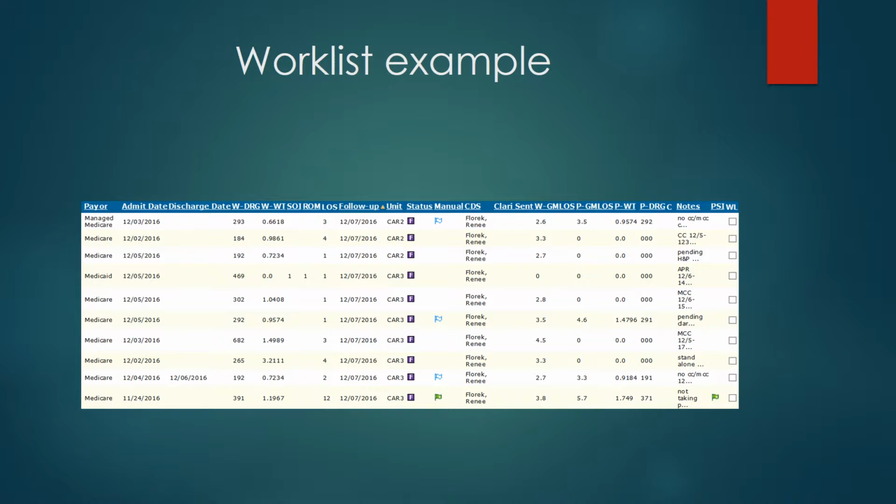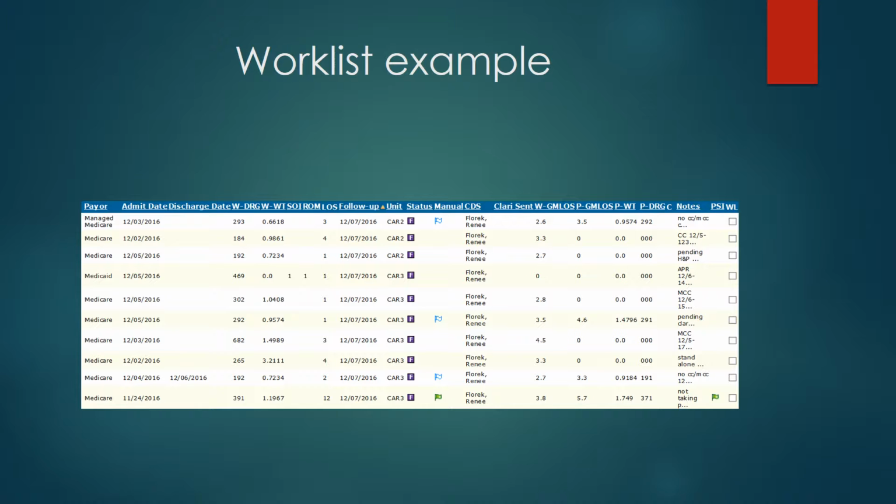Here's the example of the work list that I use to help with my work for the day. It will have the pair, the admit date, discharge date if the patient has been discharged, the current working DRG, the current relative weight, the patient's length of stay, what day we should follow up on them, the nursing unit.